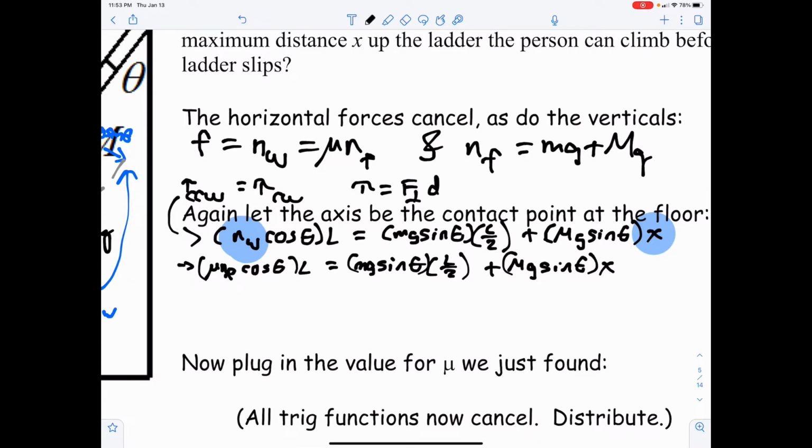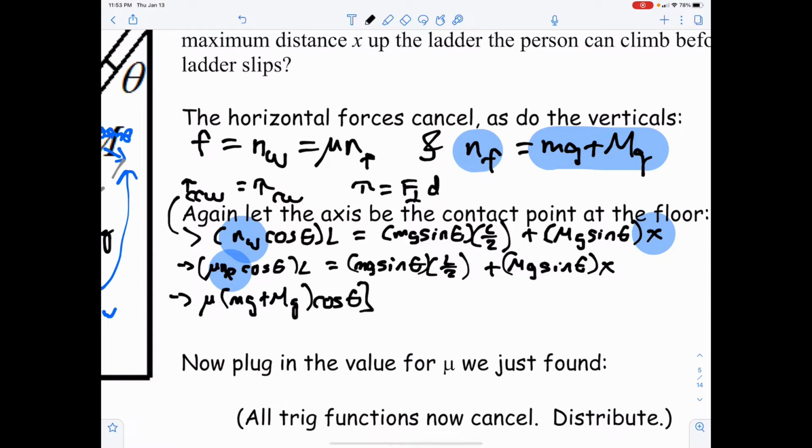One more step. Remember, the normal force from the floor was the sum of the weights, right? So I'm now going to substitute for the normal force on the floor. So now we've got mu times little mg plus big Mg times cosine theta, and all of that is times L, and then nothing else changed.